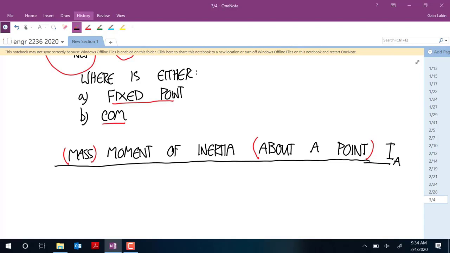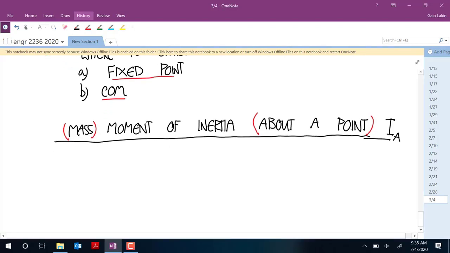Okay, so there's one thing to be really careful about here. People are going to just call it the moment of inertia, but that obscures an important difference with something that's going to come up in the next few weeks in deformable bodies. So be careful. In deformable bodies, there's the area moment of inertia about a point.